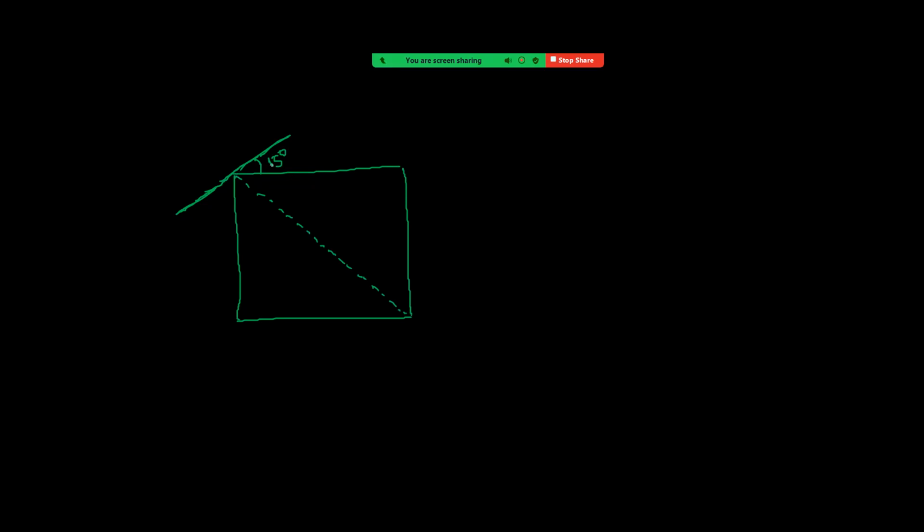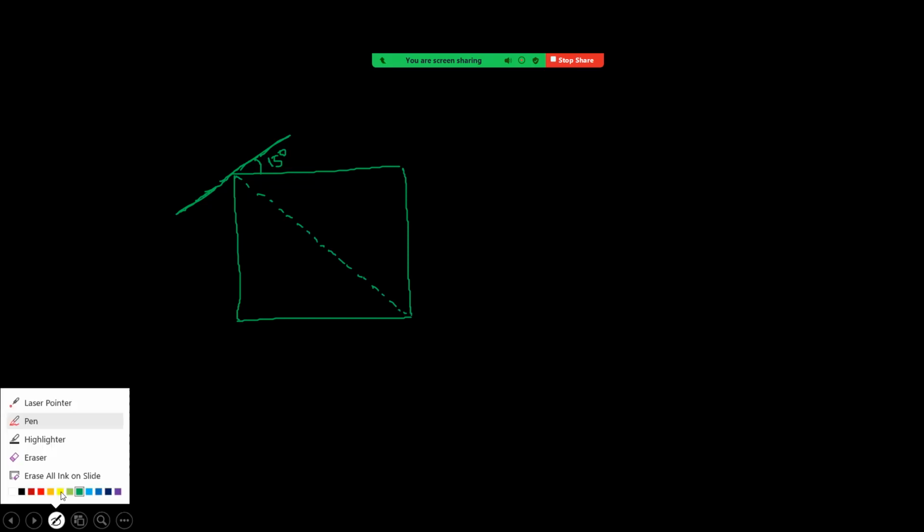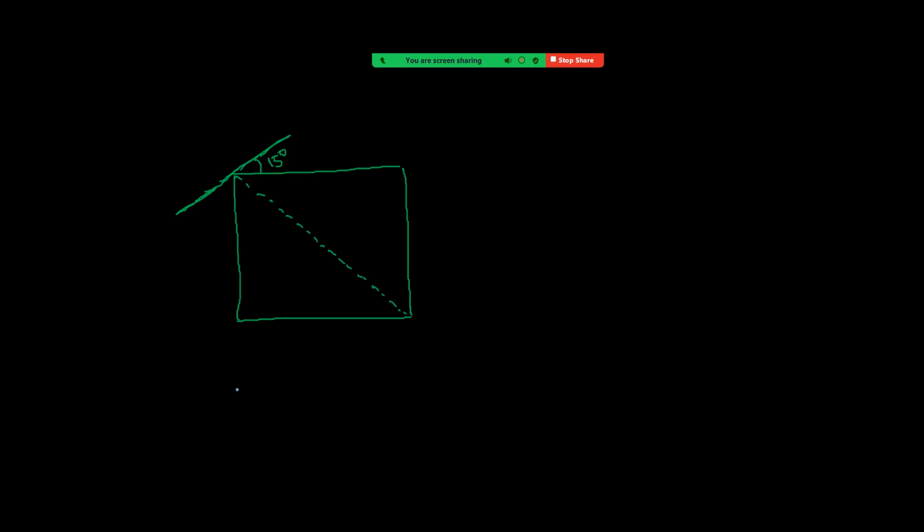If this angle is 45, this will be normal to the diagonal, right? Now it is not normal. So if you want to draw a normal to that axis, that will make an angle 30 degree. This is now normal to that axis.